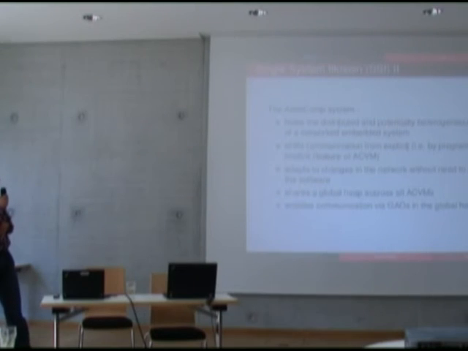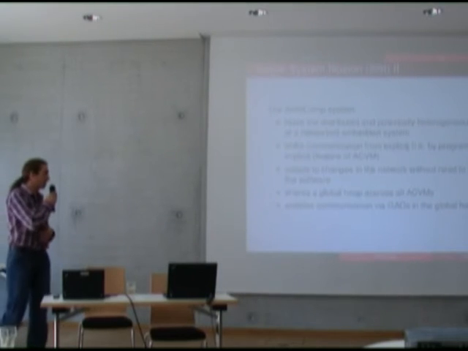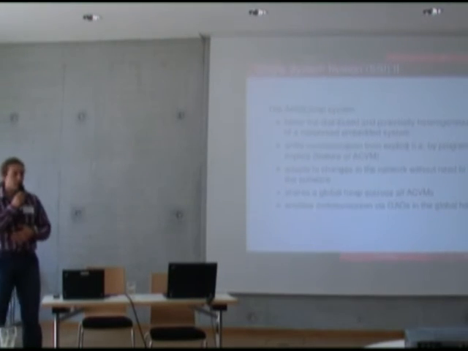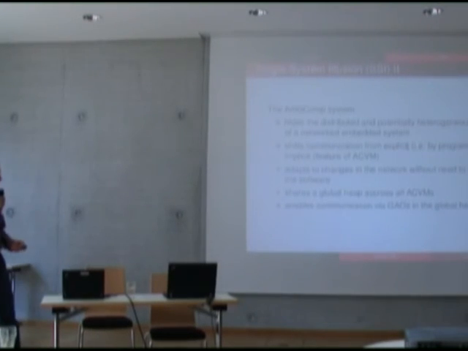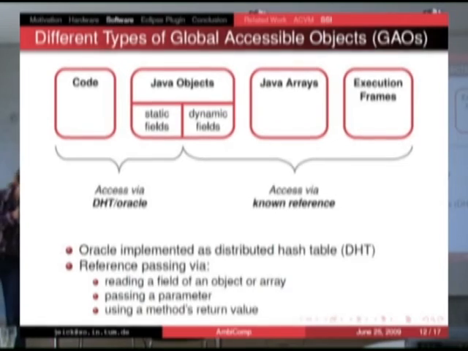Okay, and last but not least, the communication is, as I already said, achieved via passing information over globally accessible objects in that heap. Okay, what can be globally accessible objects?